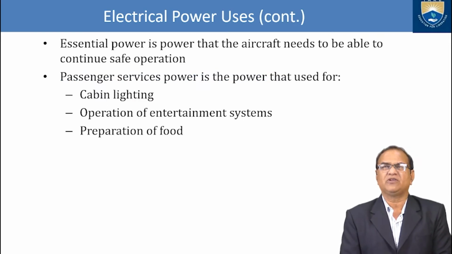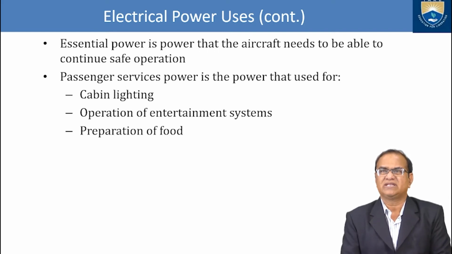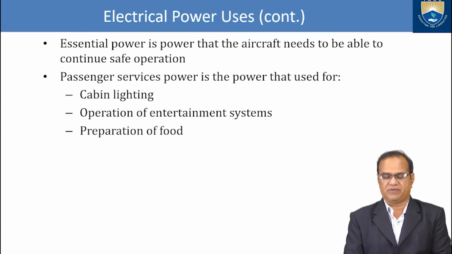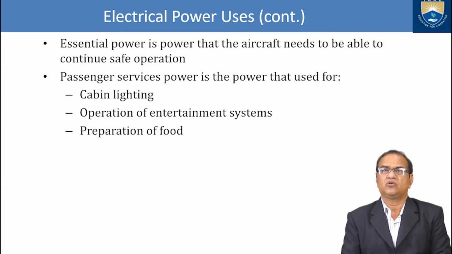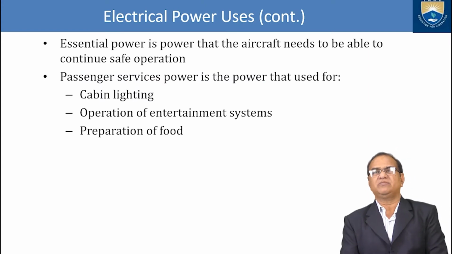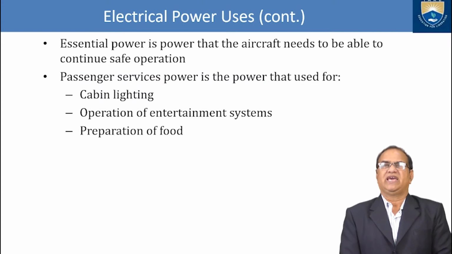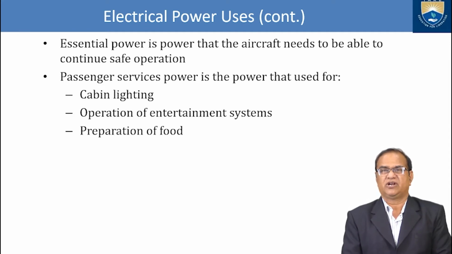So electrical power uses. Essential power is power that the aircraft needs to be able to continue safe operation. So what is the meaning of essential power? Essential power is power that the aircraft needs to be able to continue safe operation.